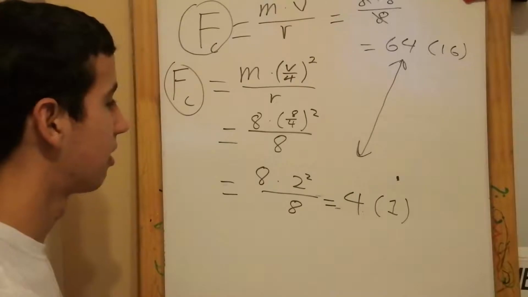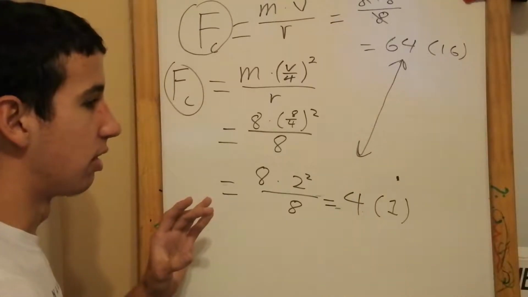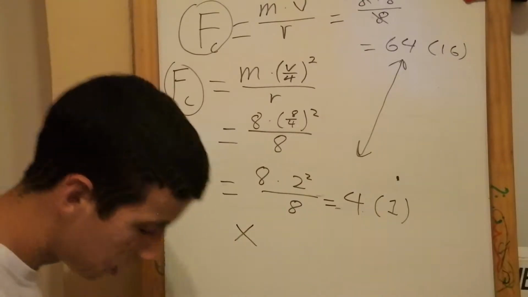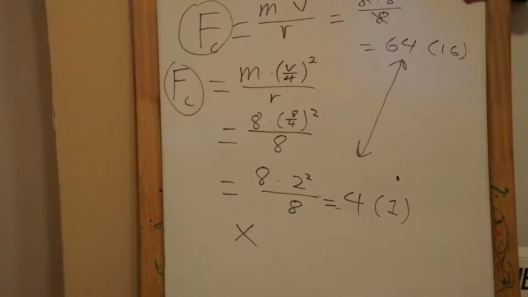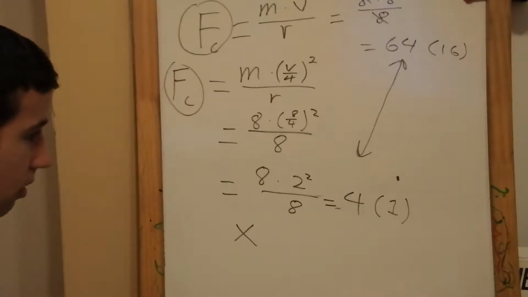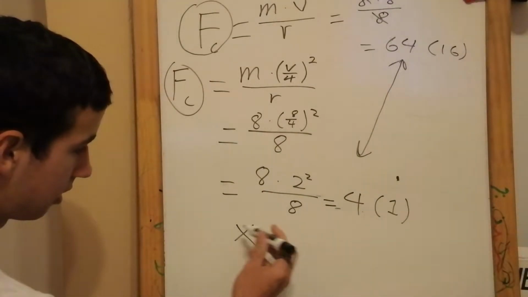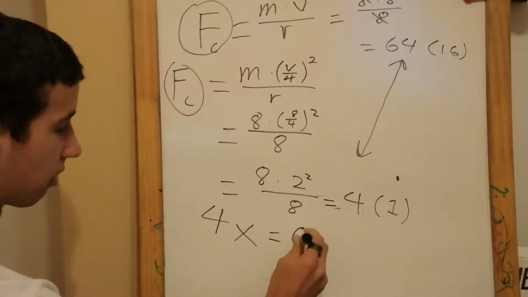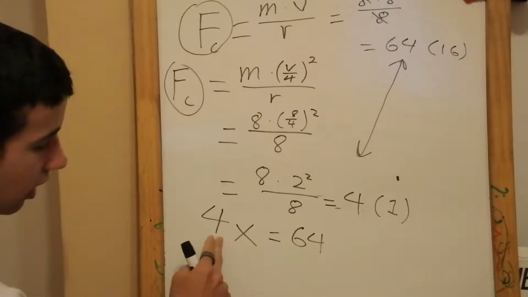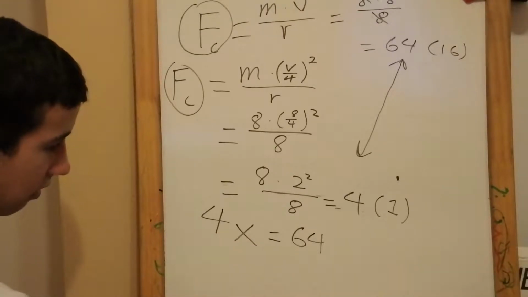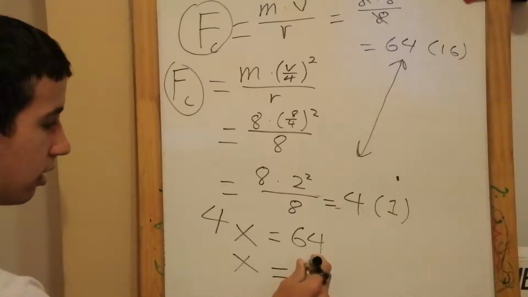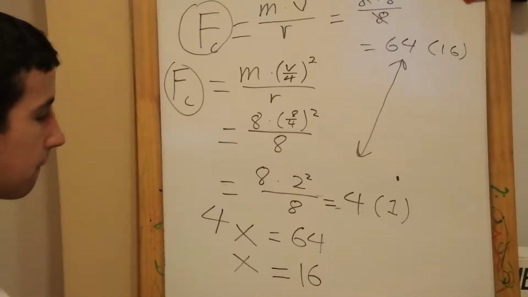So you can set up a little equation solving for x. So when you set up this equation, what you're going to do is you're going to have the number you're comparing times x equals 64. And this is going to tell you how many times 4 goes into 64. So you divide both sides by 4, you get 16.